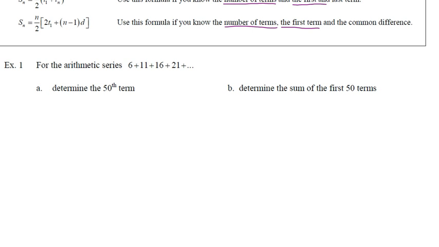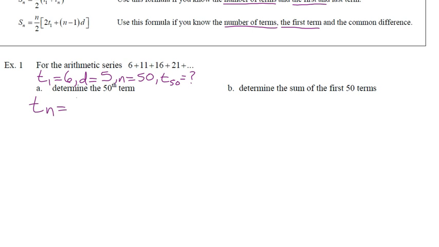For this series, T1 is 6. What's the value of d? Just pretend it's written with commas: 6, 11. So d is 5. In this case, n is 50, and we want to know T50, the 50th term, the last term.